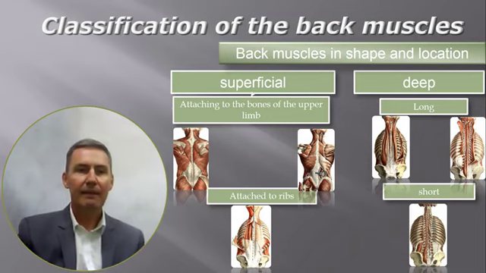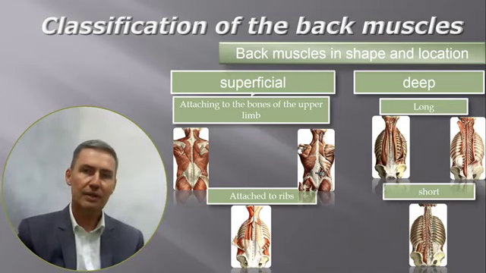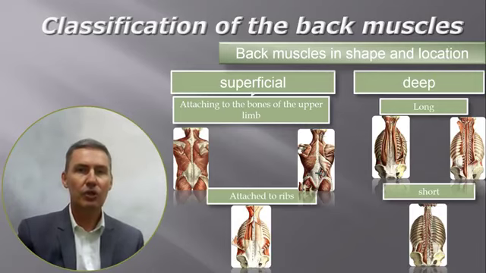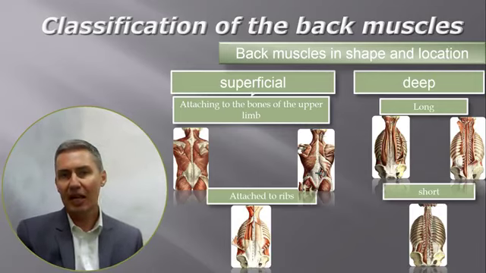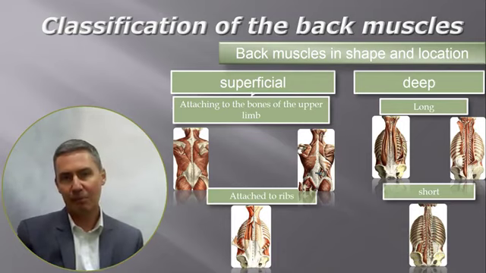That's why these superficial muscles are subdivided into the muscles attaching to the bones of the upper limb, which therefore produce movements of the upper limbs, and also the muscles attaching to the ribs. These muscles attaching to the ribs are very important because together with the muscles of the chest, they participate in the process of respiration.